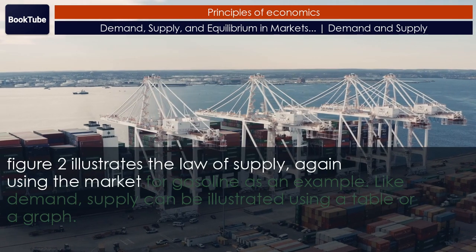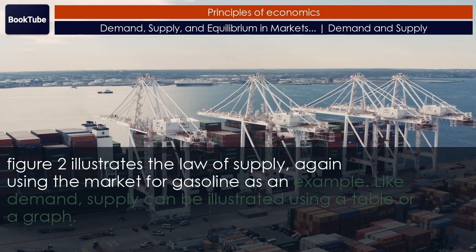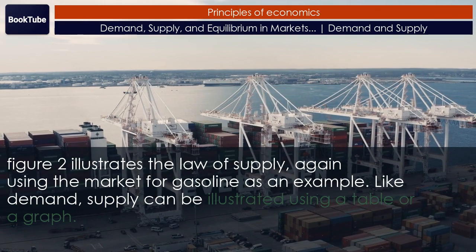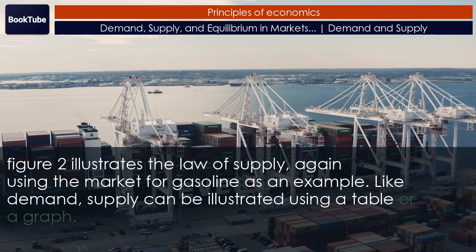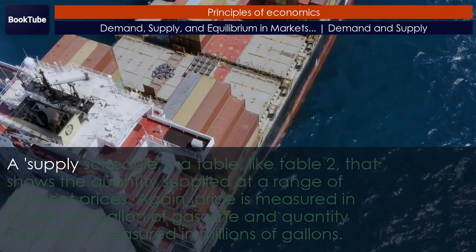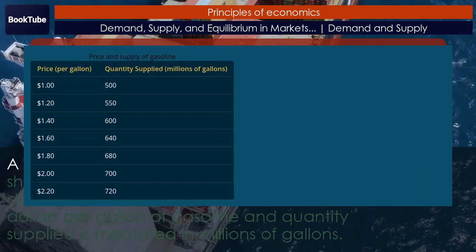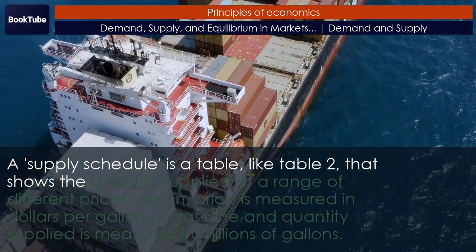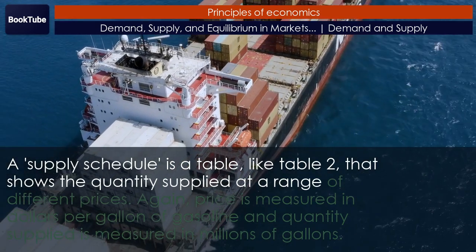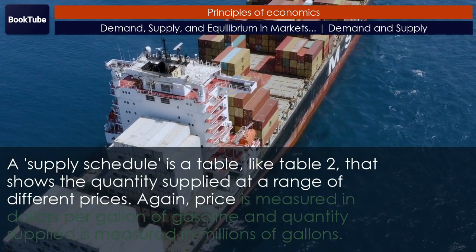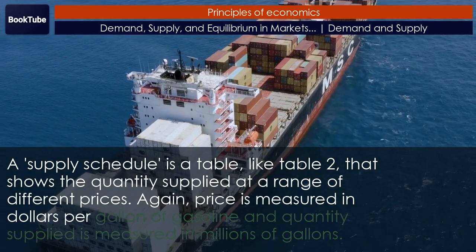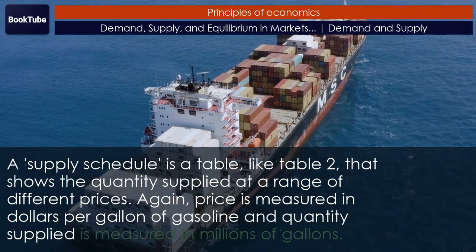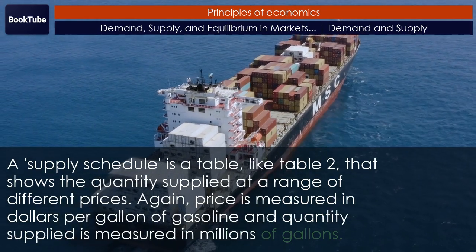Again, using the market for gasoline as an example. Like demand, supply can be illustrated using a table or a graph. A supply schedule is a table, like Table 2, that shows the quantity supplied at a range of different prices. Again, price is measured in dollars per gallon of gasoline and quantity supplied is measured in millions of gallons.